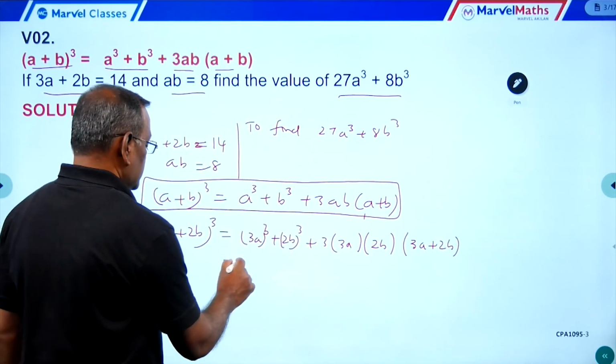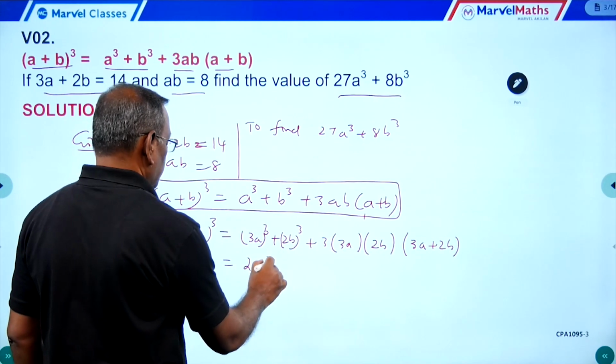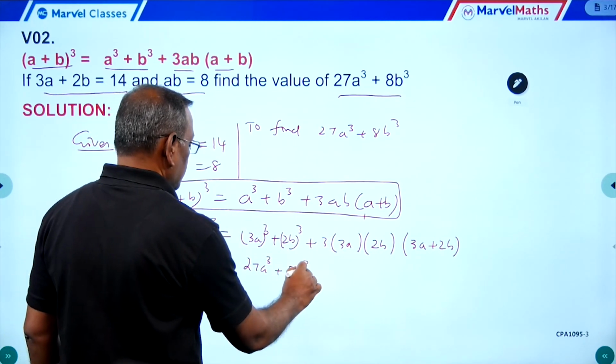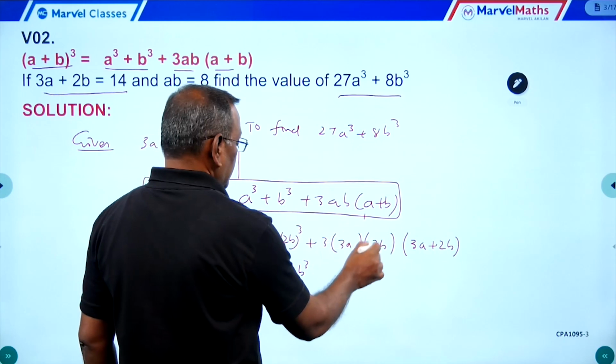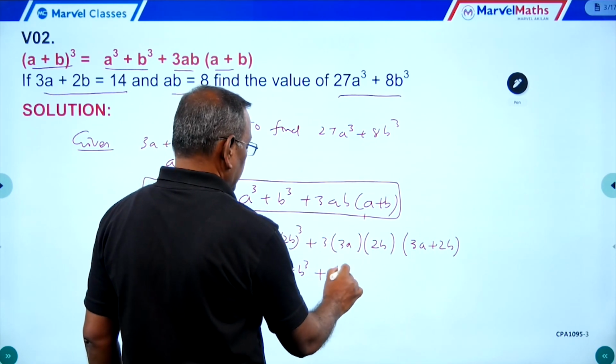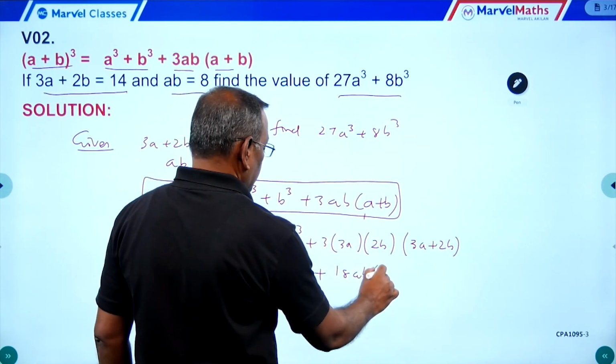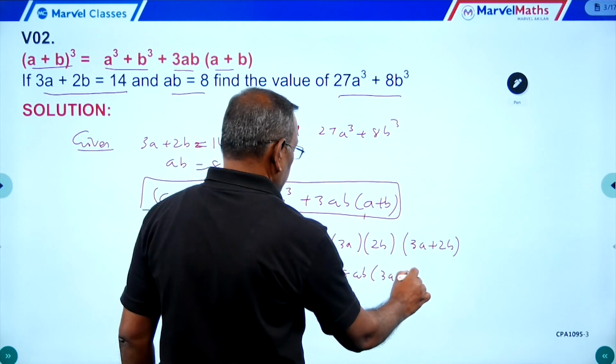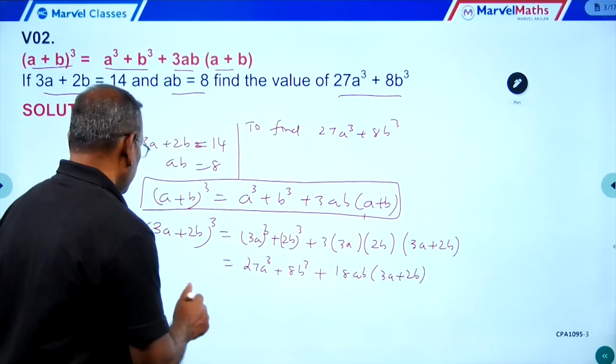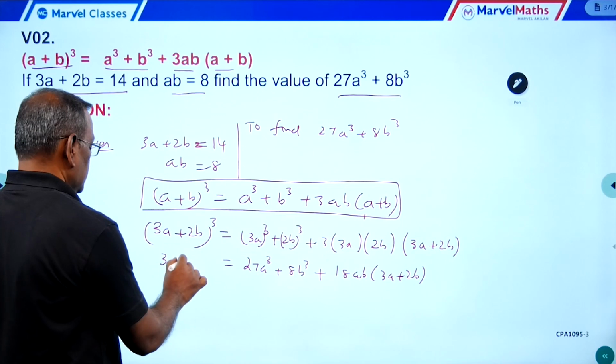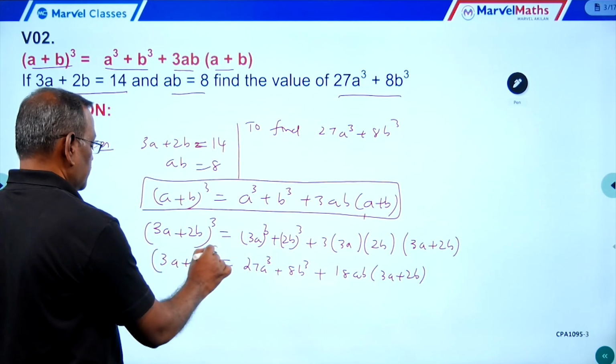So now it equals 27a cube plus 8b cube, 3 into 3 is 9, 9 into 2 is 18ab into 3a plus 2b. So this is the final format, 3a plus 2b the whole cube.